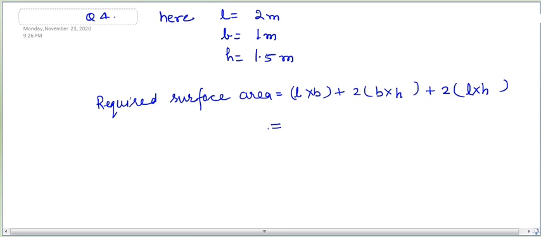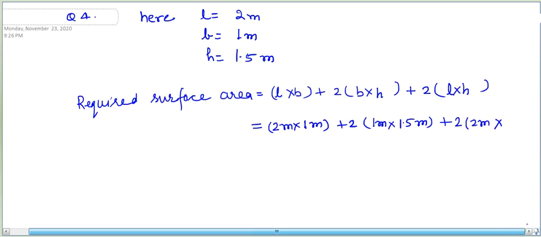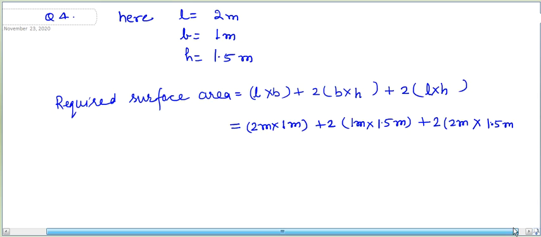So it is just L into B. L into B means 2 meter into 1 meter plus twice of breadth into height, so it is just 1 meter into 1.5 meter and plus twice of length into height, that is 2 meter into 1.5 meter.